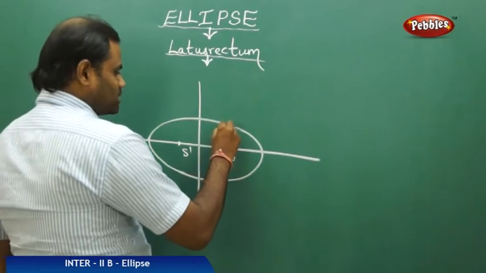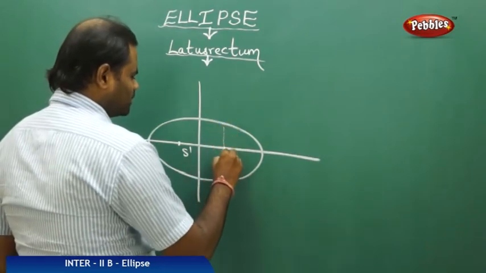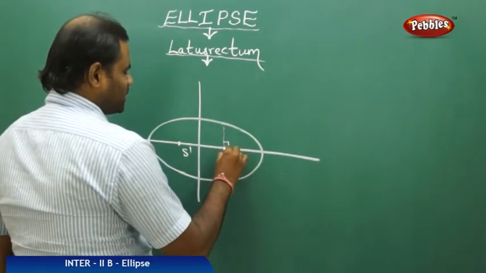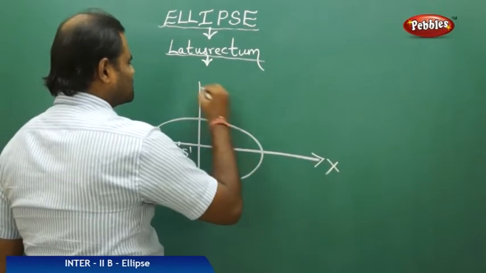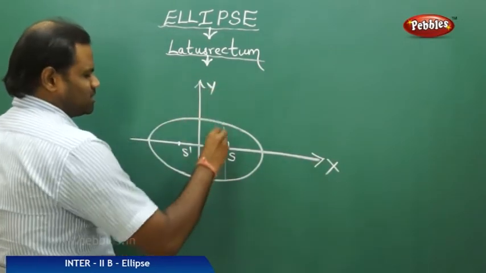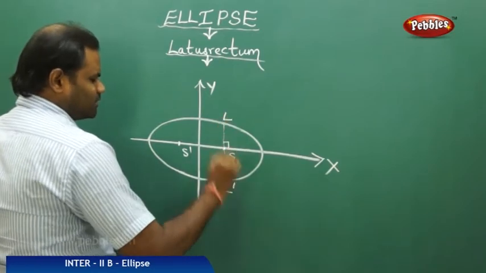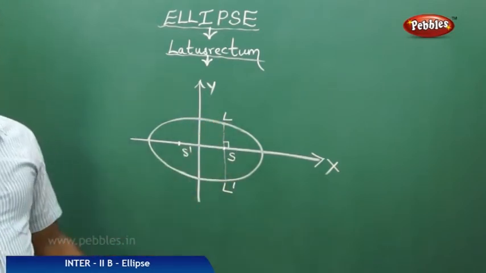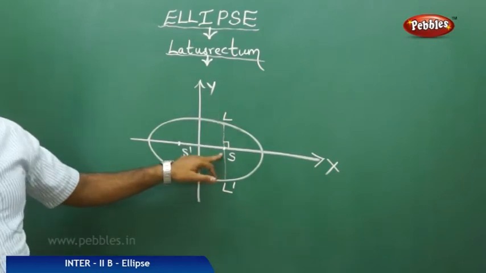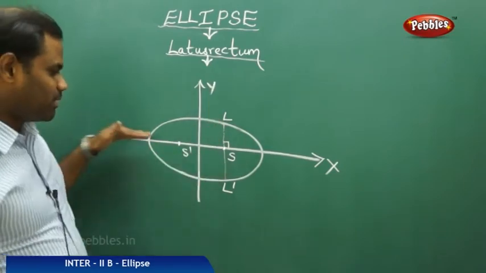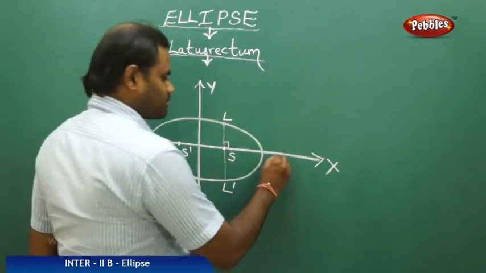Then the latus rectum is a focal chord which is perpendicular to the major axis. This being the major axis and this being the minor axis, LL dash is a latus rectum because it is a chord passing through the focus, that is the focal chord, and it is perpendicular to the major axis.